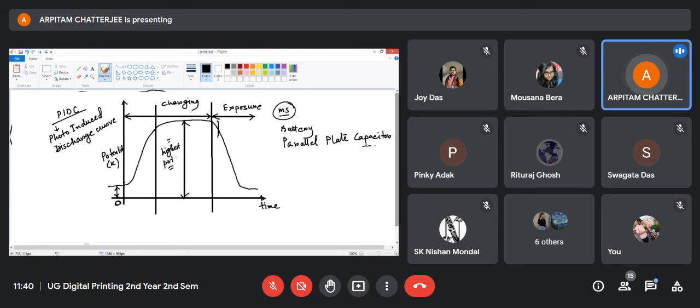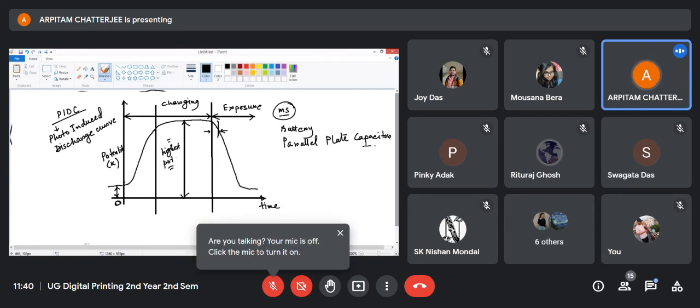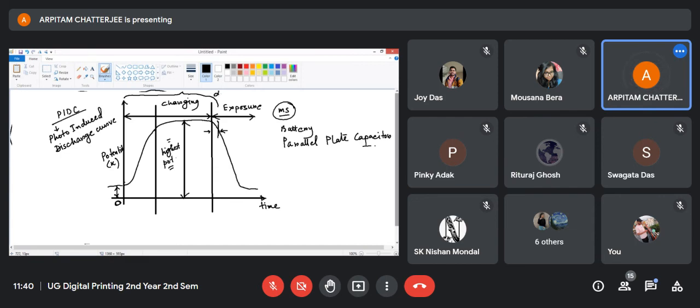So in this case a very small discharge happens. That means the potential falls a bit, although it is in the dark. This is the dark phase, meaning you have not exposed it. This is called dark decay.